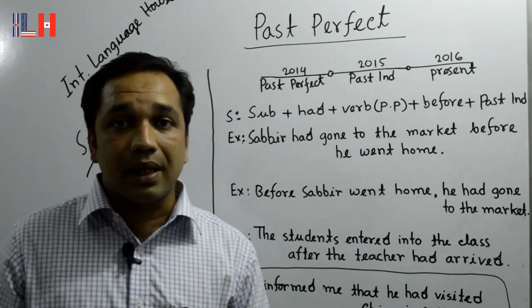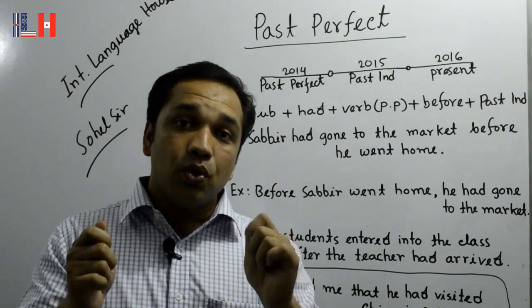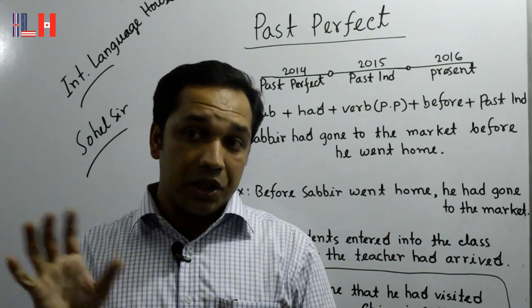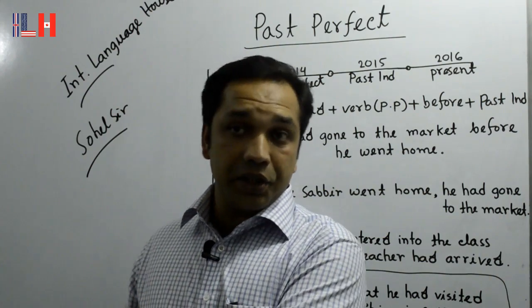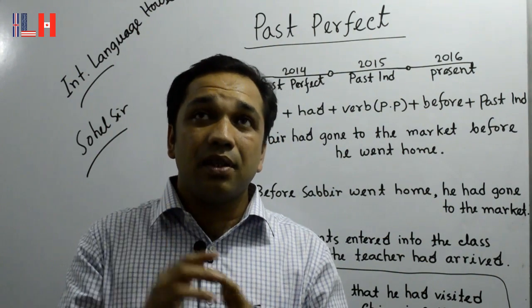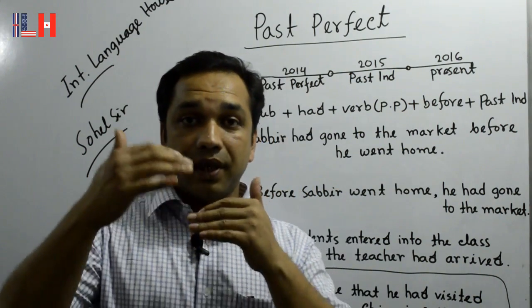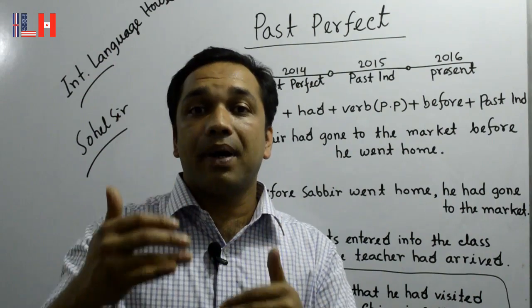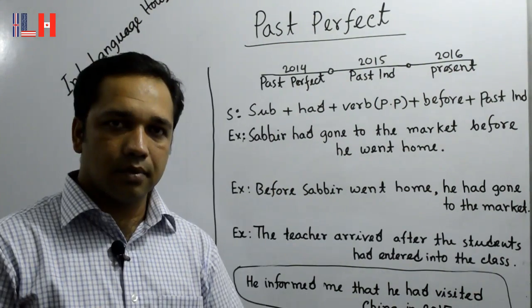Maybe you are talking about the same incident that happened in the past. What happened first? The students entered and then the teacher arrived. So the first incident, the students, you need to relate with past perfect tense: the students had arrived.